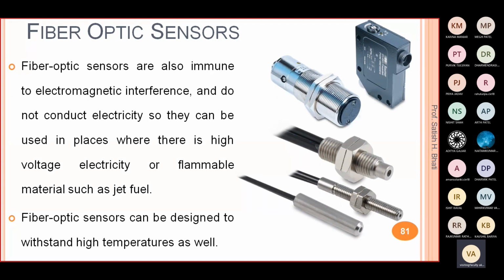These fiber optic sensors are also immune to electromagnetic interference, meaning no other electromagnetic or electric signal will create interference or disturb the signal generated by the fiber optic sensor. They are immune to electromagnetic interference and do not conduct electricity, so they can be used in places where there is high voltage electricity or flammable material such as jet fuel.